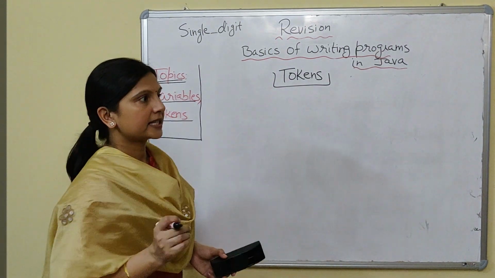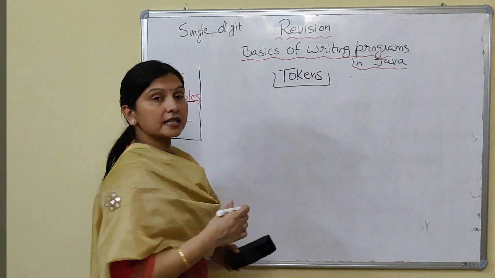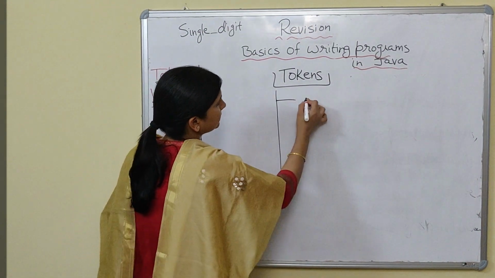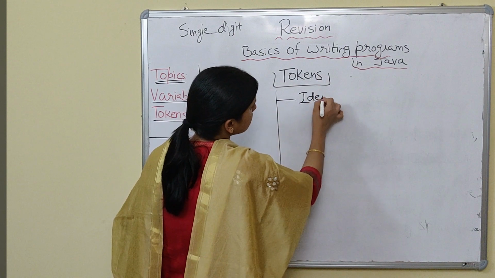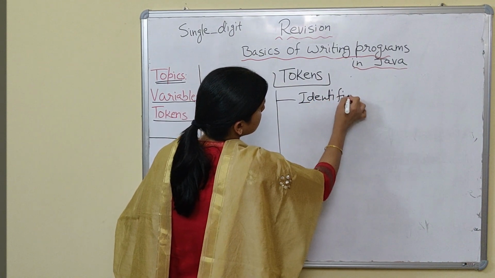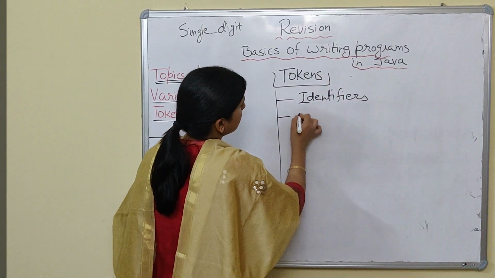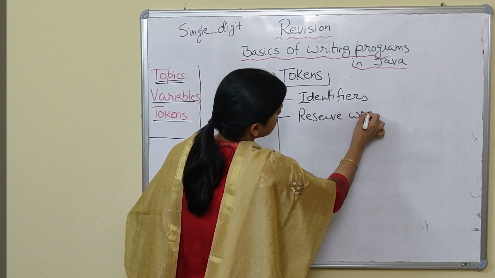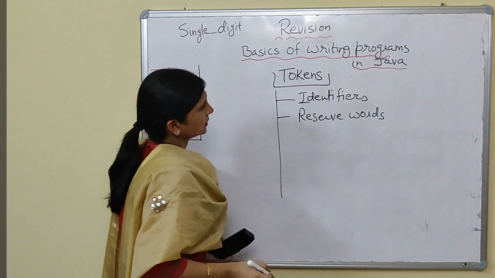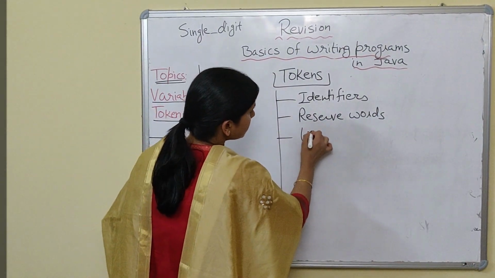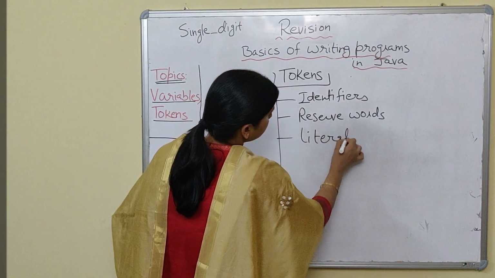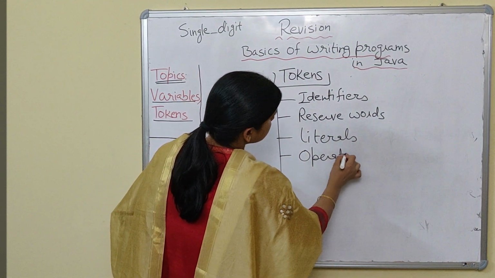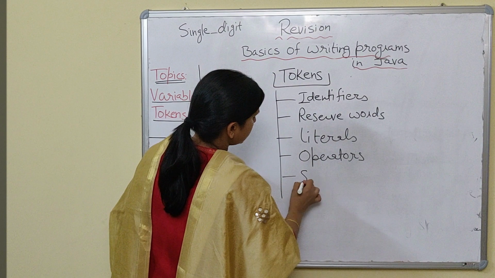Fine. The tokens are of 5 types. Which ones? Identifiers, reserve words, literals, operators, separators.